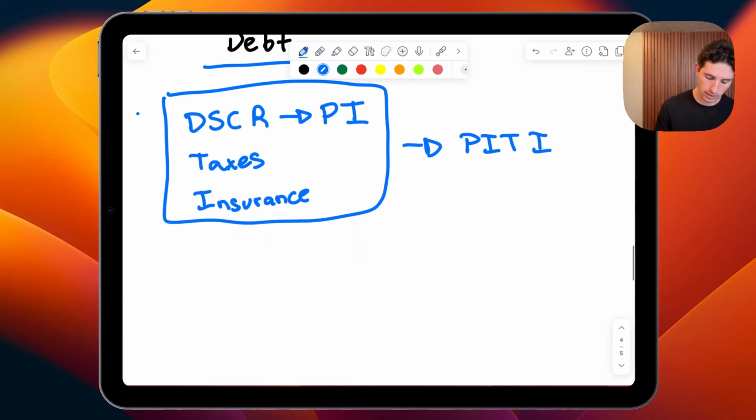That's number 1. Number 2 is the seller finance payment.